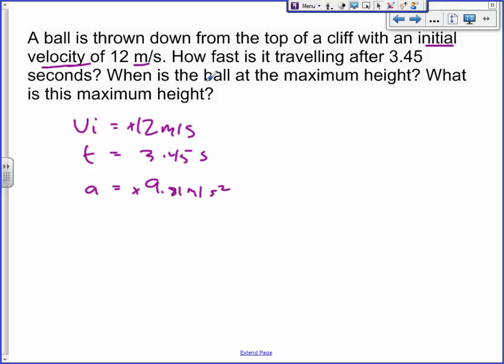Okay, so our question is going to be first, how fast is the ball traveling after 3.45 seconds? So we need to find the final velocity. What formula do I use?